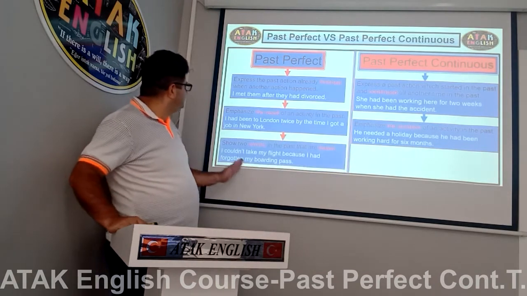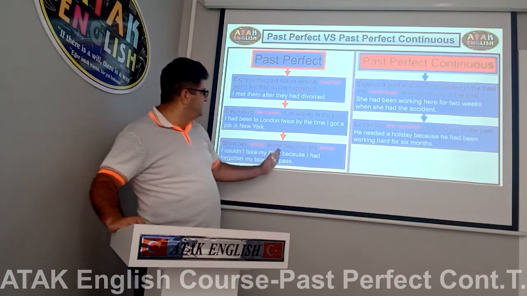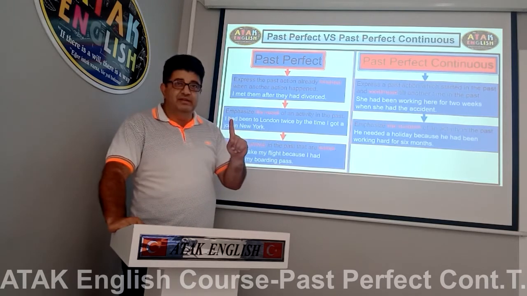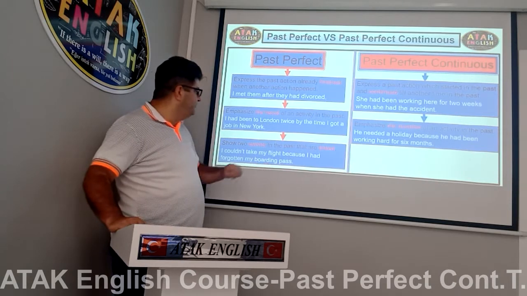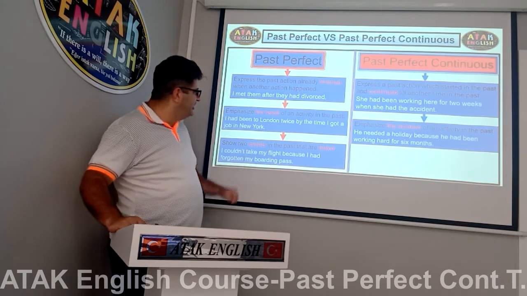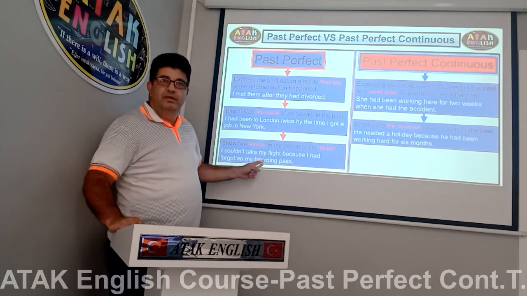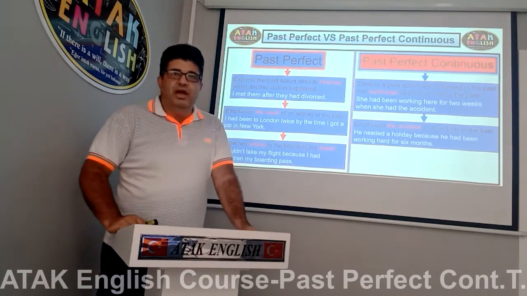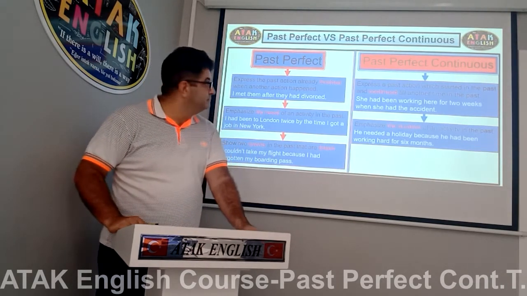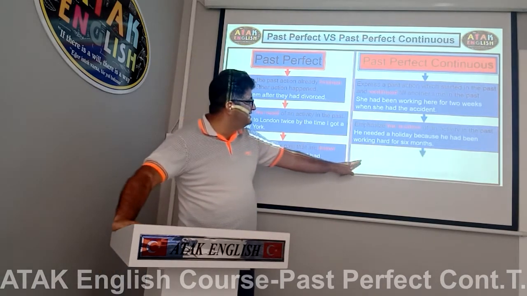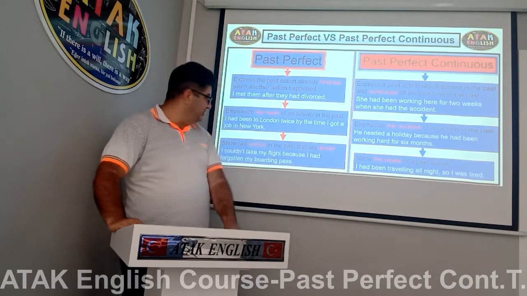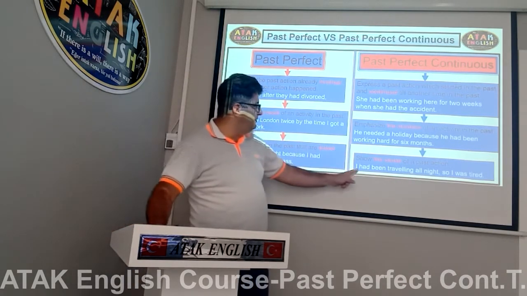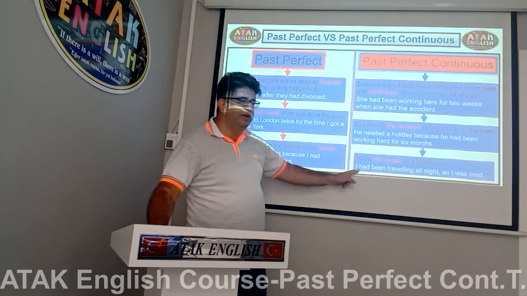And finally, past perfect shows two events in the past and that are linked. I couldn't take my flight because I had forgotten my boarding pass. These two actions are linked to each other, and one action comes after another here. What about the past perfect continuous? It shows the cause of a past action. I've been traveling all night, so I was tired.